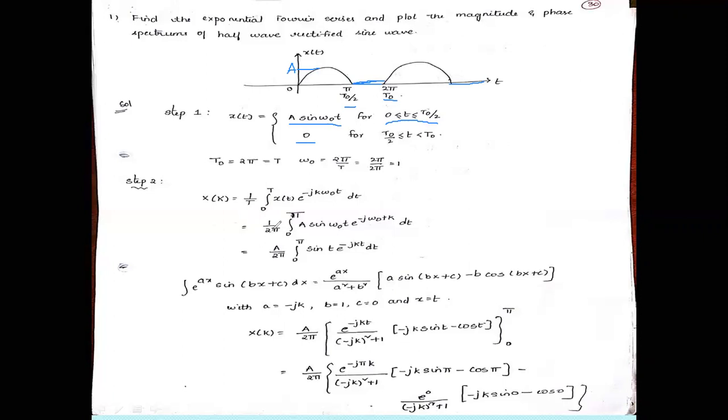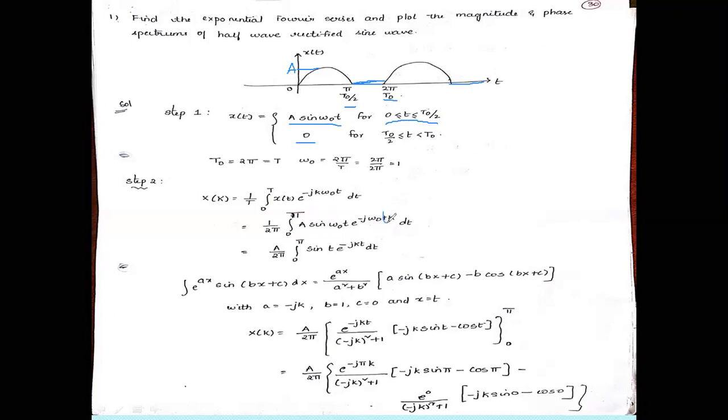1 by 2 pi integral 0 to T, x of t e power minus jk omega naught t dt. So T0 is equal to 2 pi. A sine omega naught t, and the exponential value e power minus jk omega naught t dt.